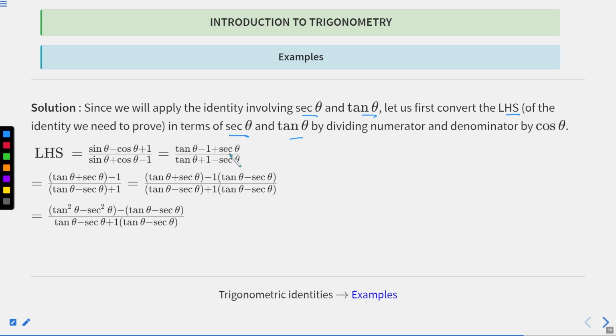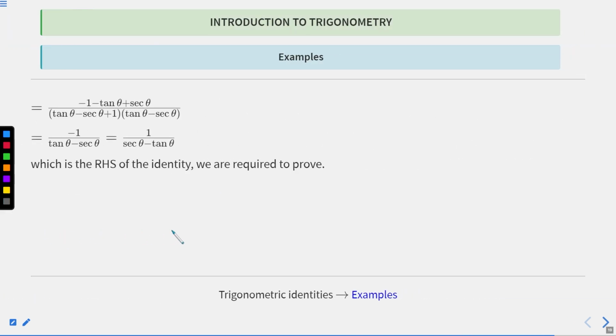Okay, and this is equal to tan theta plus sec theta minus of tan theta minus sec theta, divided by tan theta minus sec theta plus 1 of tan theta minus sec theta. So here this is equal to tan square theta minus sec square theta minus tan theta minus sec theta, divided by tan theta minus sec theta plus 1 of tan theta minus sec theta.